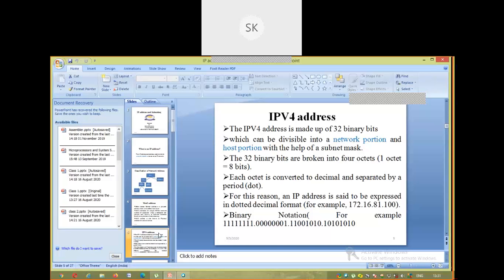Go through this slide. Take 1 or 2 minutes and read it. Done?